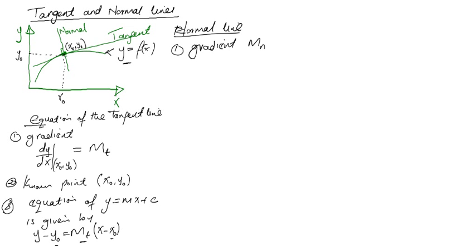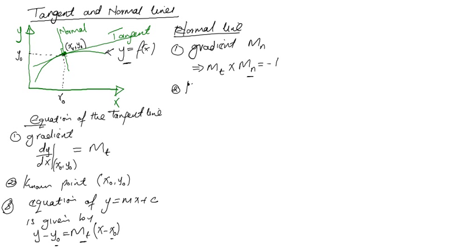So this implies that because the normal and the tangent are orthogonal, then we expect that the gradient of the tangent multiplied by the gradient of the normal must give us a -1. So from this equation we can get mn, which is the gradient of the normal.